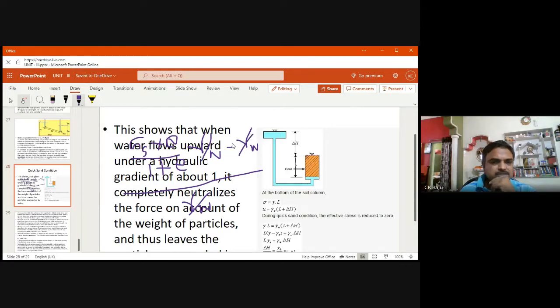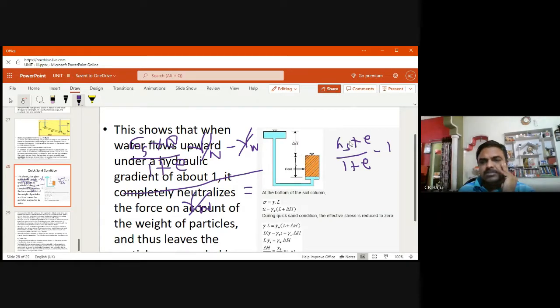Now this becomes Gs plus e by 1 plus e minus 1. So if you cross multiply this, what happens?